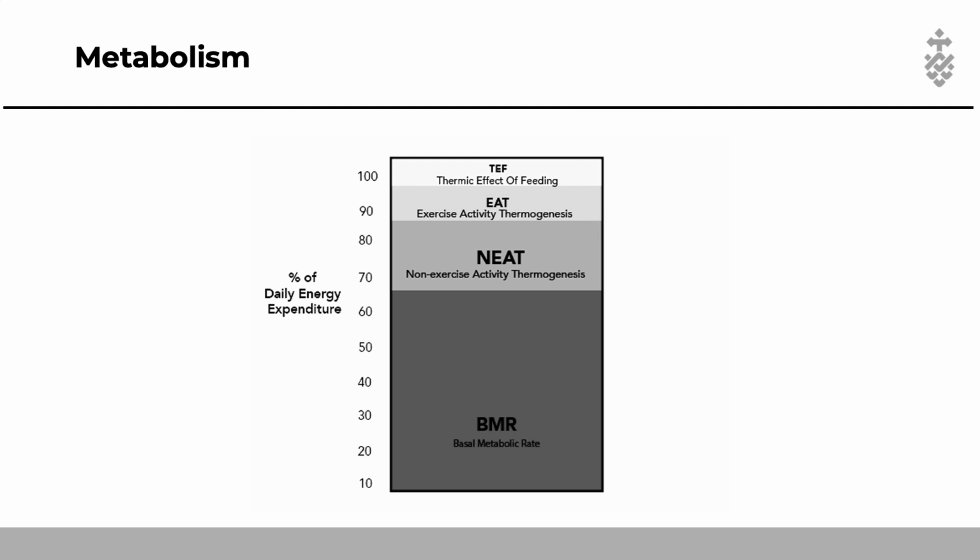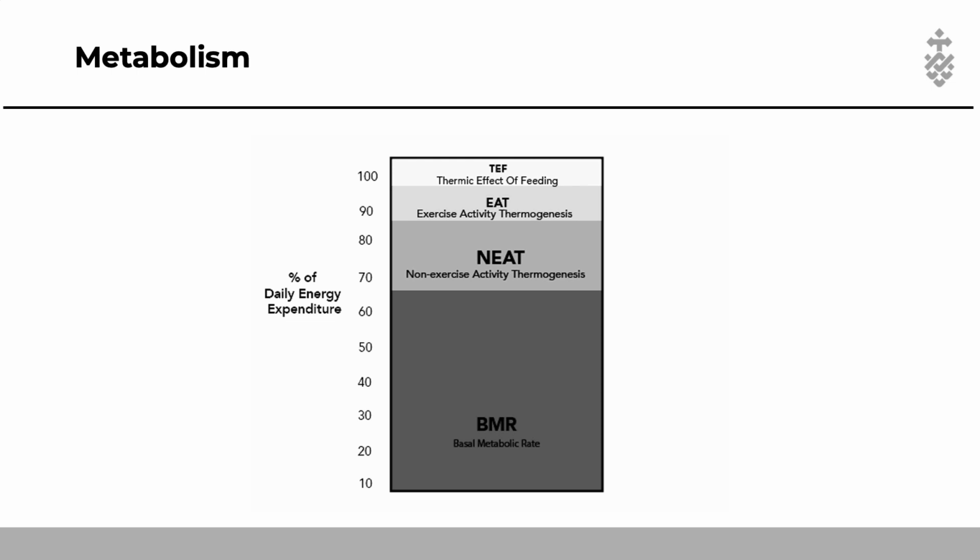So NEAT would include things like walking to the car, going up the stairs instead of getting in the lift, just our movement day to day, our fidgeting, sitting at the desk right now, that's non-exercise activity thermogenesis. Our EAT is like going to the gym, so it's purposeful exercise. And then we have the thermic effect of feeding, and this is the energy that it takes to digest the foods that we eat.